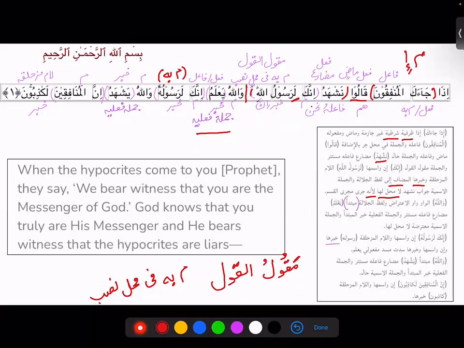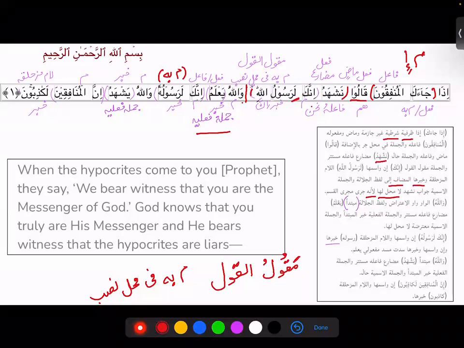They do not testify you as a rasul from their heart, right? But wallahu ya'lamu innaka rasuluhu. So this is basically Allah subhanahu wa ta'ala inserted that sentence, right? So the main thing He wanna say was that they are lying, but that is insertion. So that is called jumla itradiya.